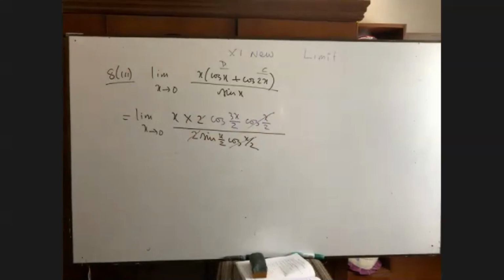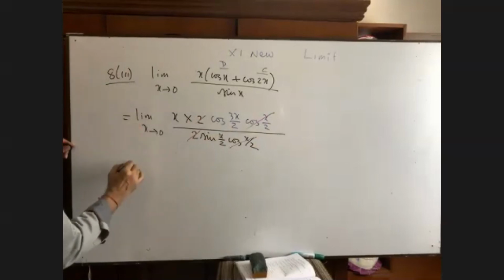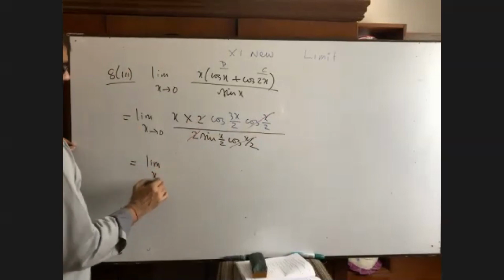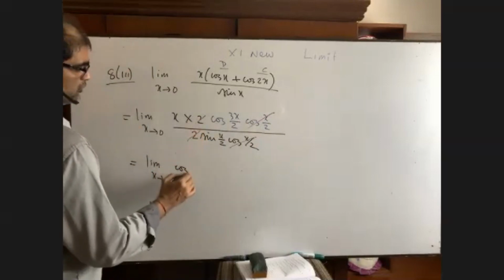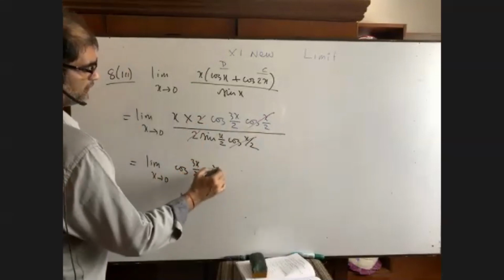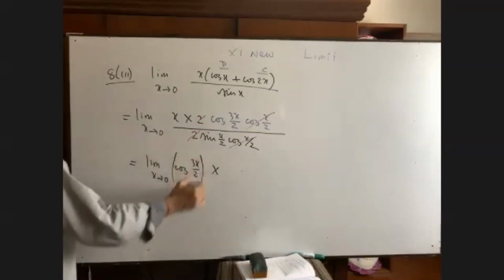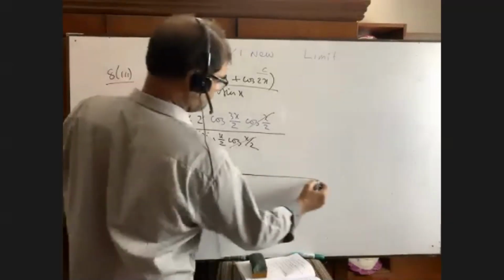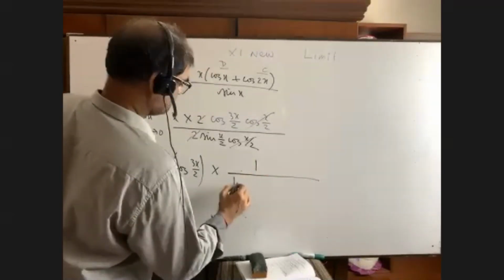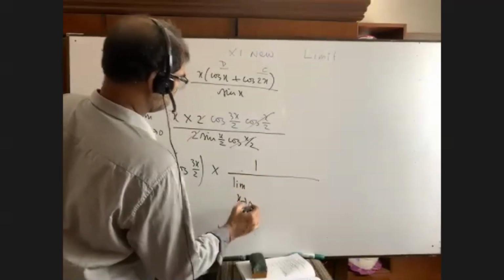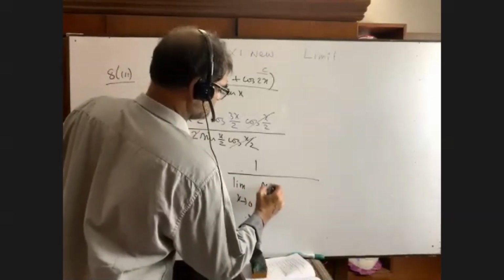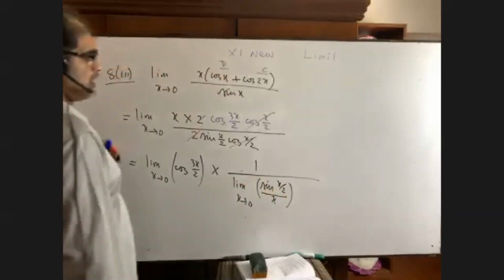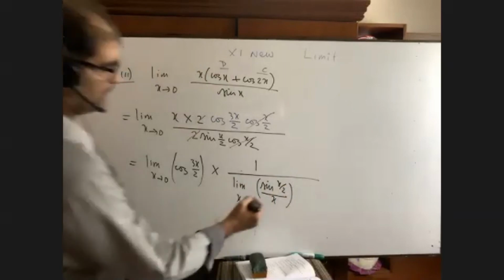Okay, it is right. Now we can do one thing here. You have to use a trick. Limit x tends to 0, cosine 3x by 2 into 1 by limit x tends to 0, sine x by 2 by x by 2.